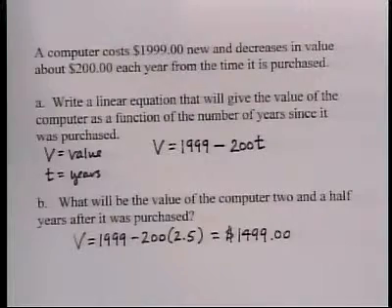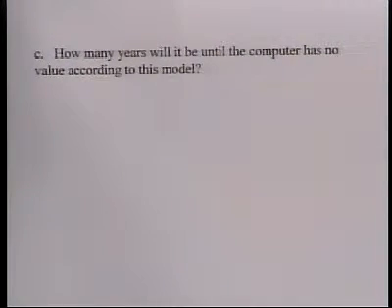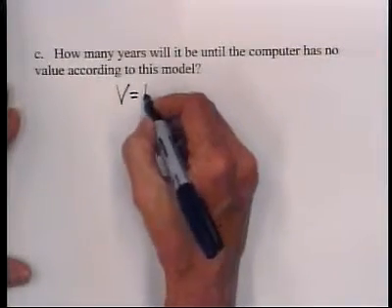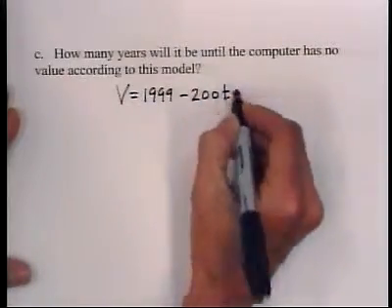Well, there's another question I want to answer with this model, and let's look at that now. This question is, how many years will it be until the computer has no value according to this model? Well, our model is V equals 1,999 minus 200t.